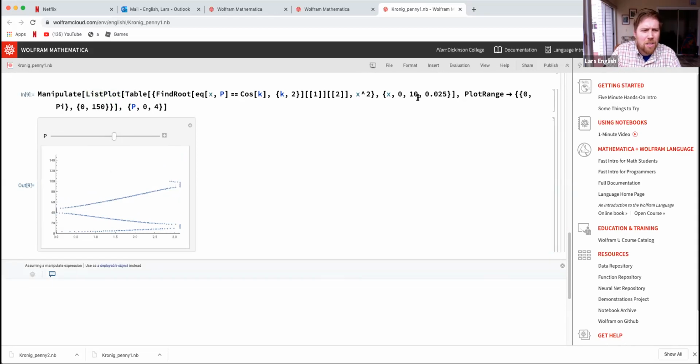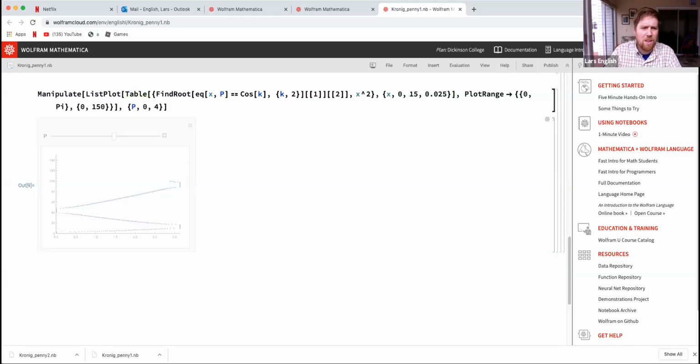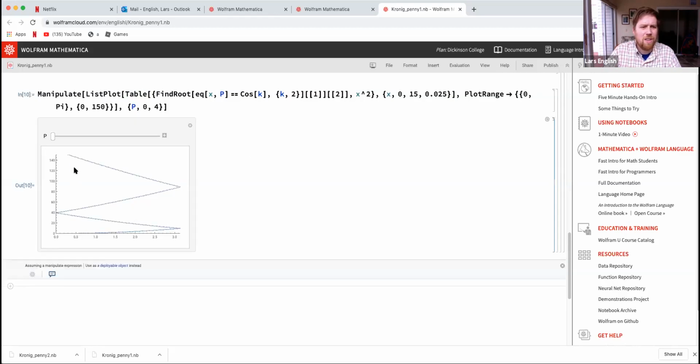Oh, because I would also have to increase the X here somewhat. Okay. Yes. There we go. And very clearly, we're creating these gaps here where there are no solutions.